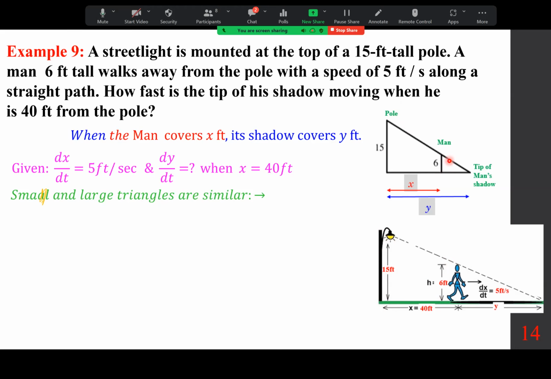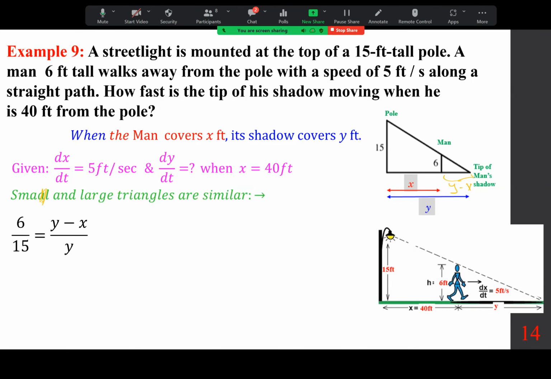So this is 6, this is 15. And if we want to compare this one to the large one, it is y. I hope you see that this distance is y minus x.